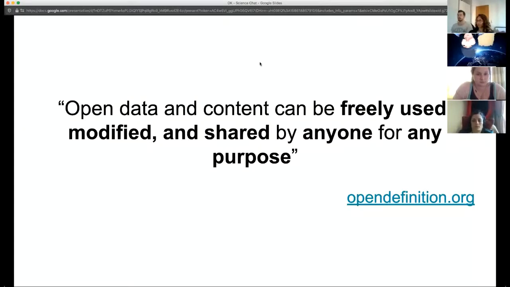So when I was asked to give this chat about open knowledge, I said, okay, open knowledge is open data and open content, which are the building blocks that you can freely share, modify, and use for anything you want.